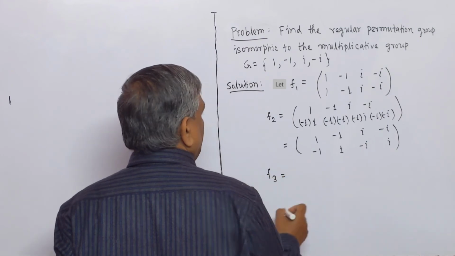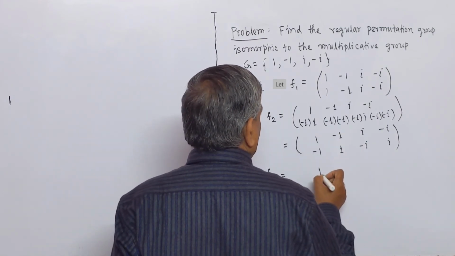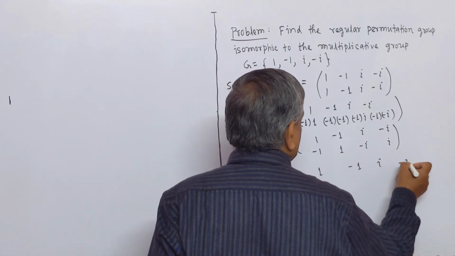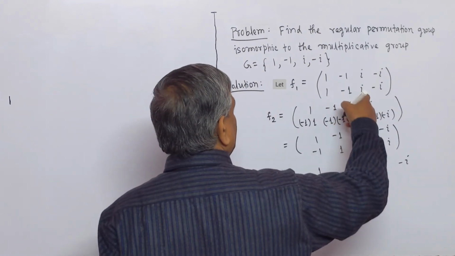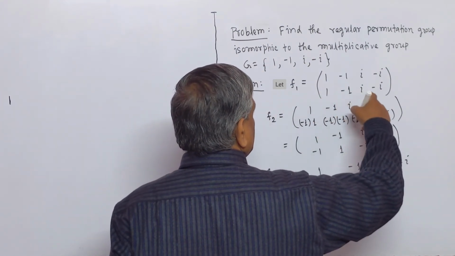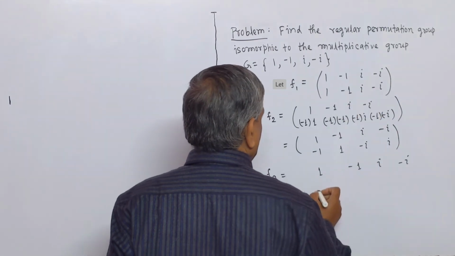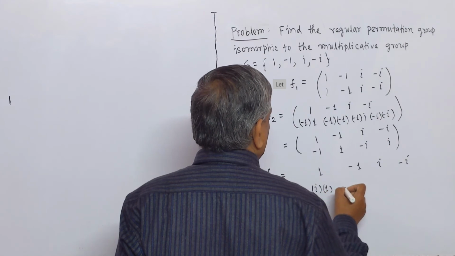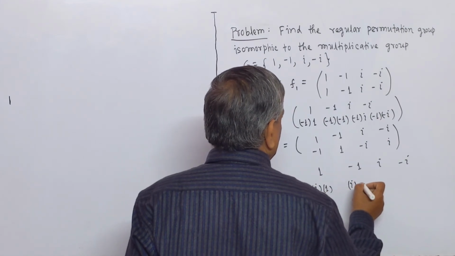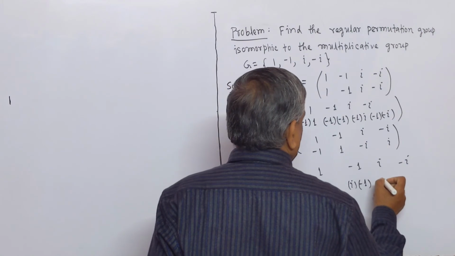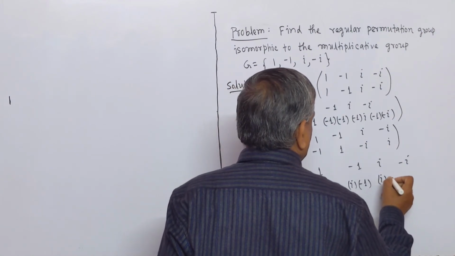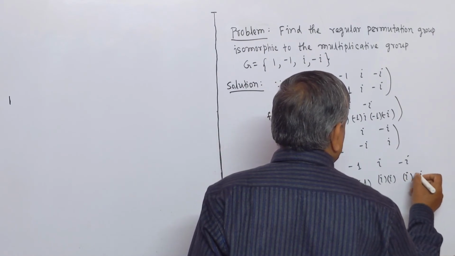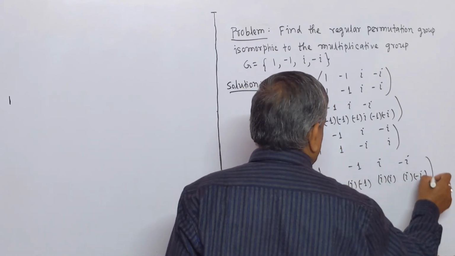F3 is again: we write 1, -1, i, -i. Now we multiply all the images by i: 1 multiplied by i, -1 multiplied by i, i multiplied by i, -i multiplied by i.